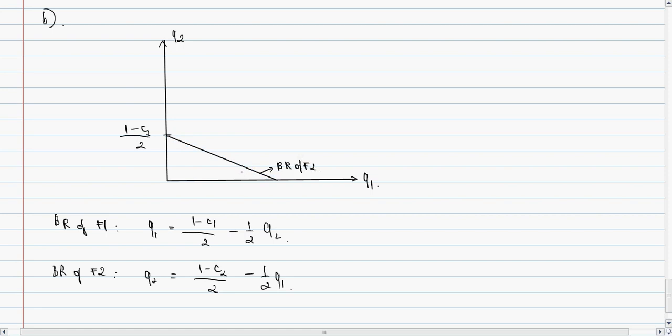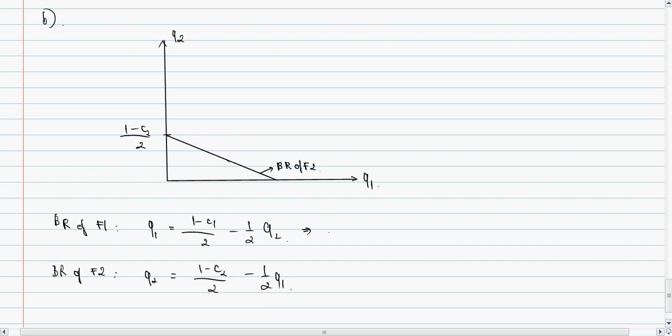Okay, now I do the best response function for firm 1. Remember Q2 is on the vertical axis. So in order to draw the best response function for firm 1, the easiest thing is to rearrange the best response function here to make Q2 the subject, because I want Q2 on the vertical.